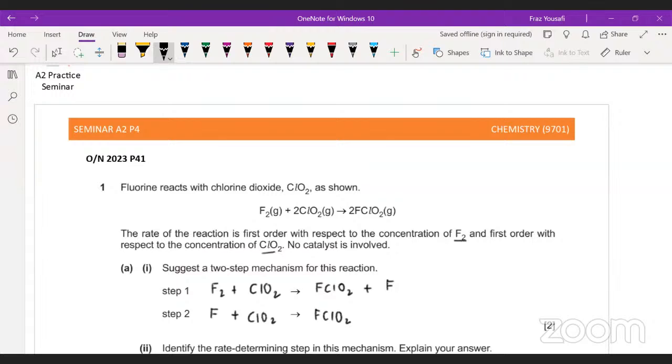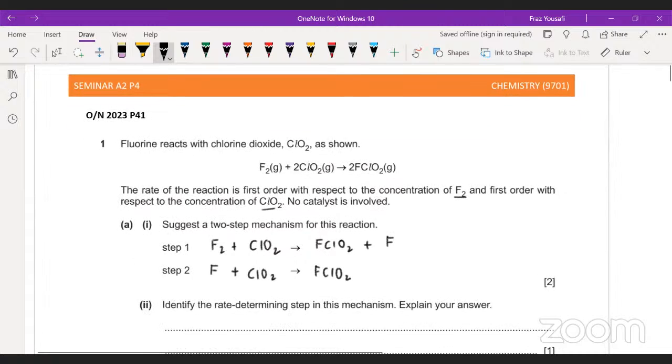No other particular purpose other than the fact that I knew that chlorine could expand its octet. Chlorine could make that additional bond beyond the one bond that it was making with one of the oxygens prior. And so I had it bond on to the Cl. I had a fluorine left behind as an intermediate, and then I had that fluorine bond to the remaining ClO2 to give me my second mole of product.